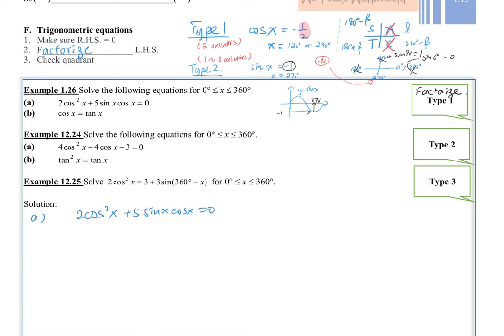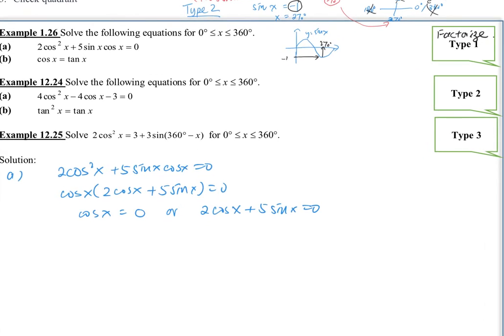Nothing special. Just 2 cosine x plus 5 sine x inside the bracket, and then we try to solve them one by one. Cosine x is equal to 0, or 2 cosine x plus 5 sine x equal to 0.